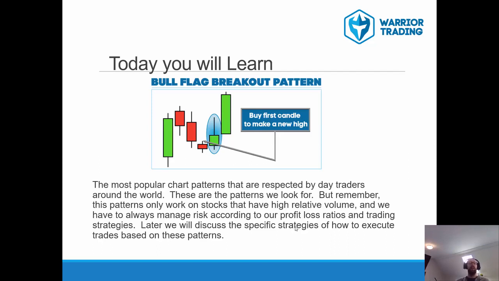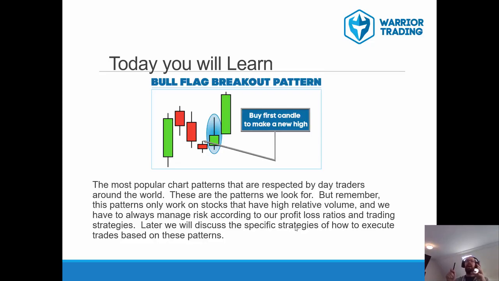That's what the pattern is, right? Yesterday, or in class 5, we talked about how patterns are helping us predict the near future price action with as much certainty as is possible in the stock market. But remember, these patterns are only worth applying and looking for on the right type of stocks to trade.